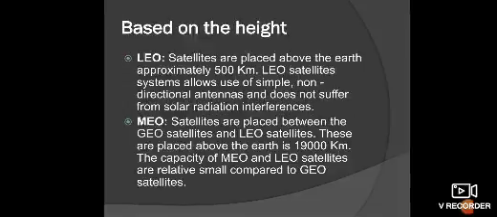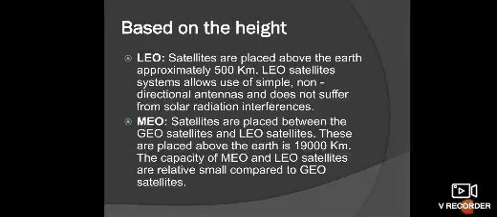LEO satellites are placed above the earth at approximately 500 kilometers, and they allow simple operation, use non-directional antennas, and do not suffer any solar radiation interference. And MEO satellites are placed in between the GEO and LEO satellites, at about 19,000 kilometers above the earth.